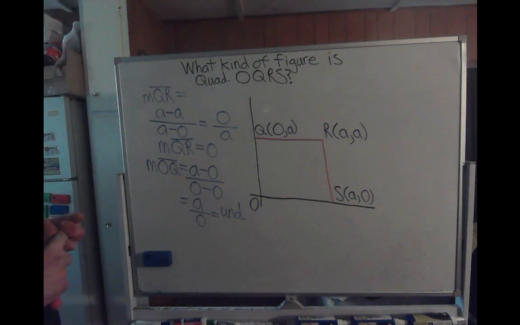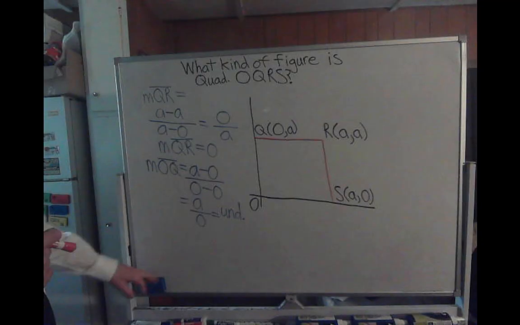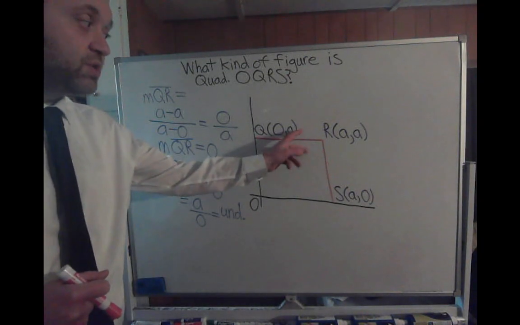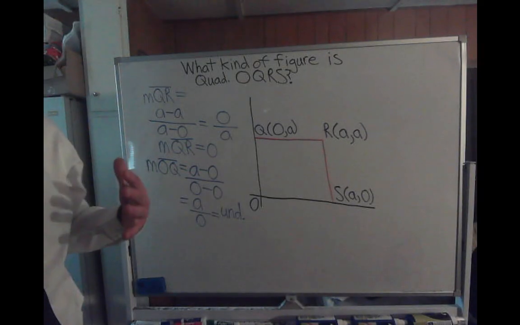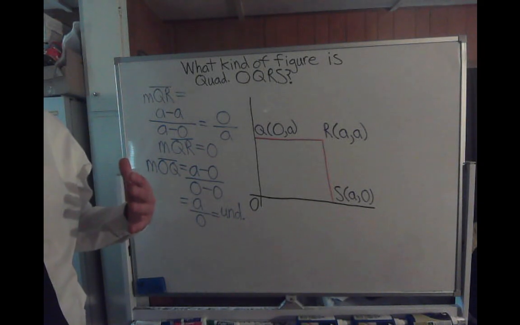Is it a rectangle or a square? Because we've narrowed down it's a rectangle, but it could also be a square. Well, how are we going to check to see if it's a square? If you have a rectangle with two consecutive sides that are congruent to each other, then it's a square.